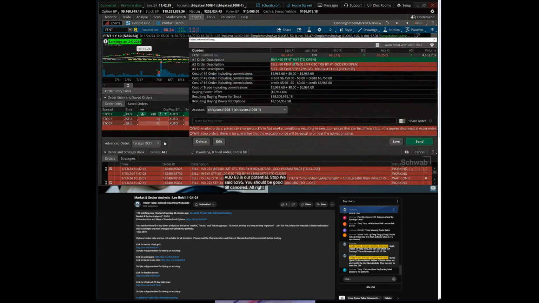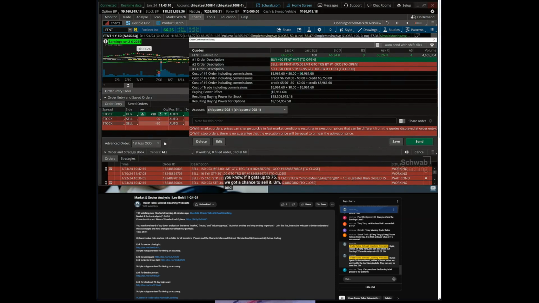All right, so here's our order. We're going to buy 90 shares of Fortinet. All right. At the market, do we know what price we're going to get? No. Okay. But maybe around 66.25 or something like that. And then we are going to sell this. If it goes up to a potential target of 75, so at a limit price of 75, if it gets up to 75, we got a chance to sell it.